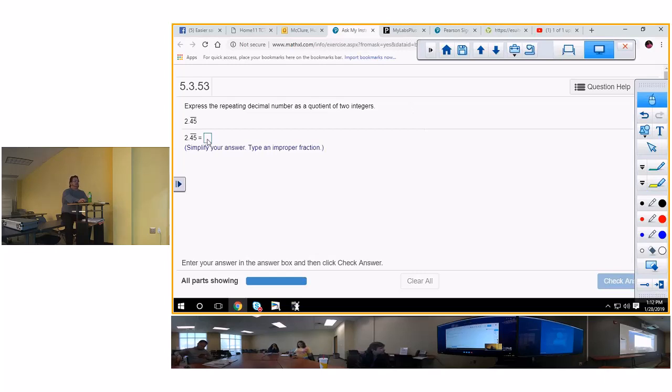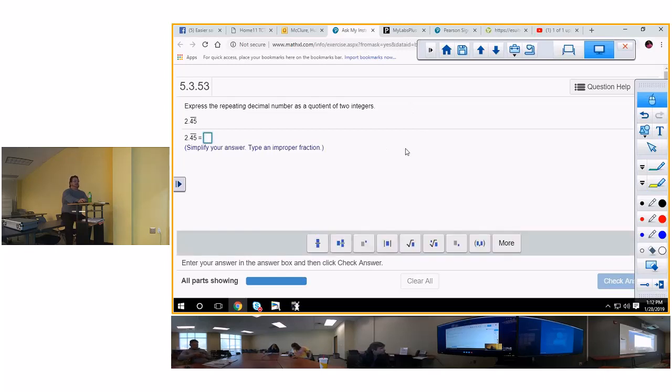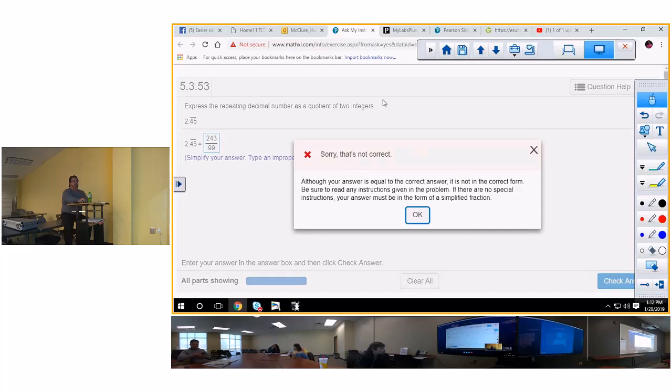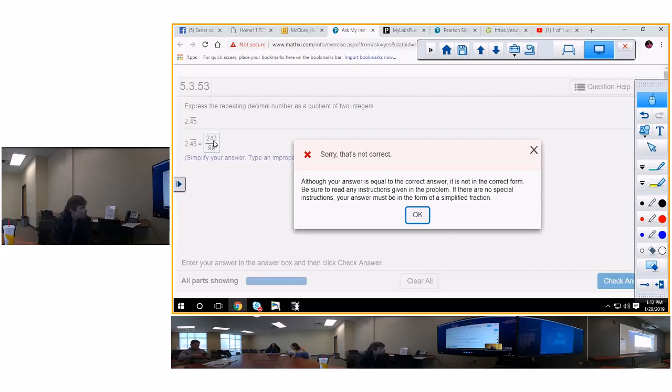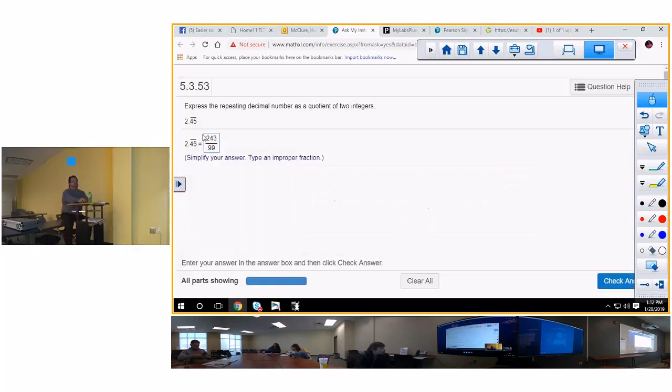So that's going to be 243 over 99. I know that's divisible by 3, but I'm just putting 99. I know it's wrong. So 9 will go in there: 24 over 11. Somebody check my math.